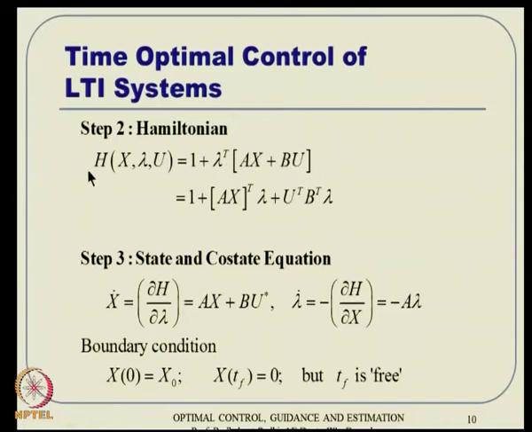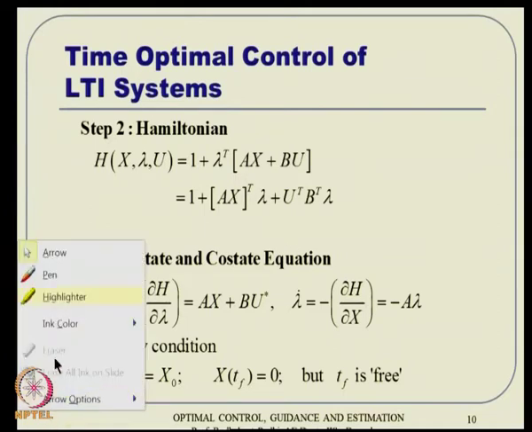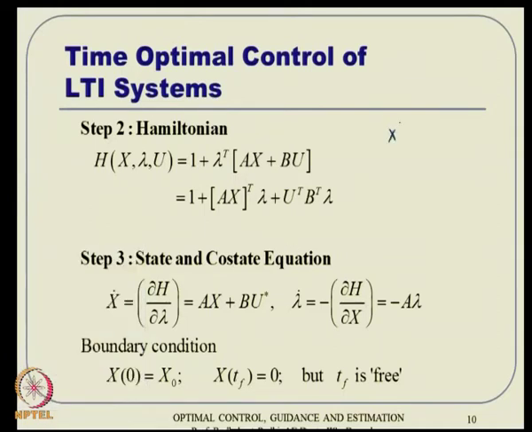That turns out to be 1 plus, if I expand this quantity and also observe that I can alter the transpose, because we know from linear algebra that x transpose y is equal to y transpose x, provided the resulting x transpose y happens to be a scalar quantity.